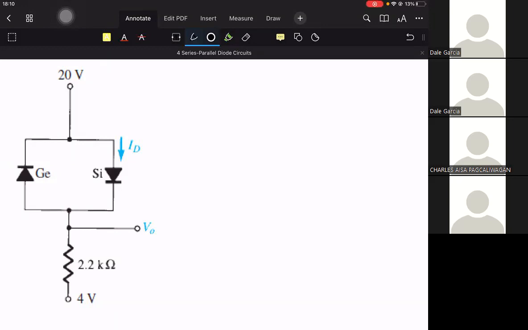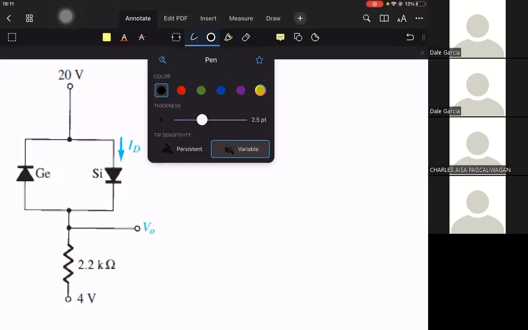Well, I'm going to tell you right now nga isa lang ana ang ma-forward bias, no? Again, only one. But good for this circuit na even if isa lang forward bias, current will flow across the whole circuit. So if let's say for example si germanium ang forward bias, so current will flow in this direction.